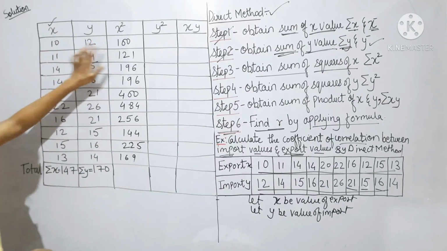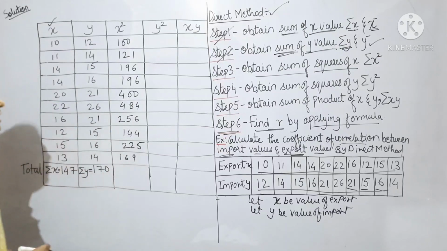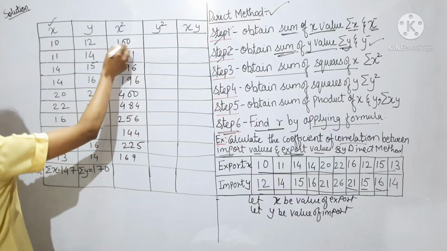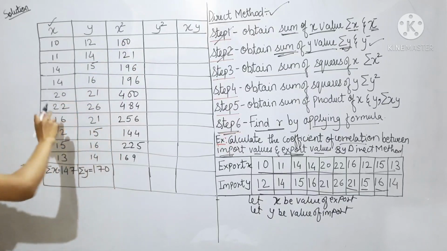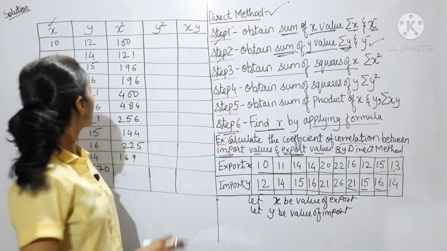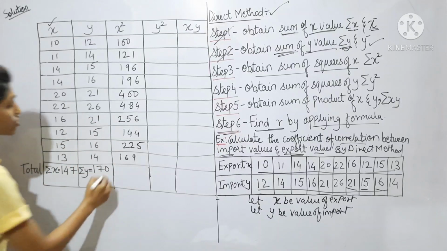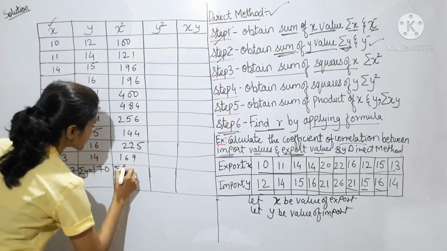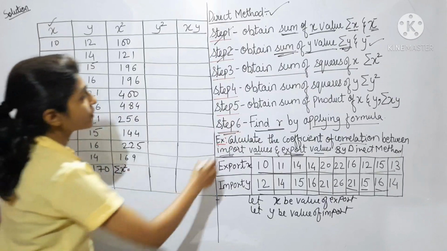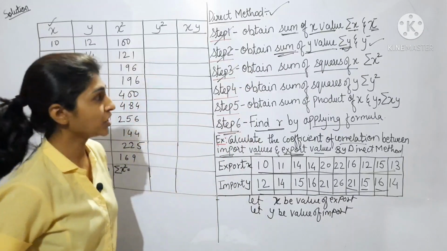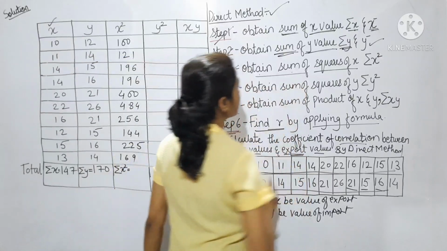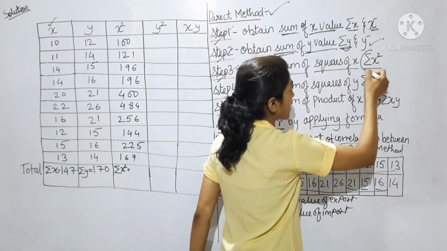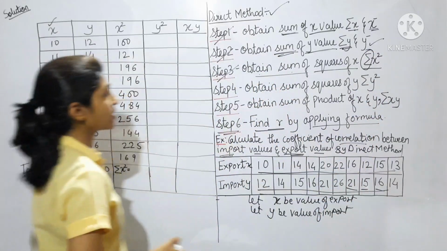Okay, so I have got all the square values of x, and I have written them under the heading x square: 10 square is 100, 11 square is 121, and so on. Now add all the values of x square to get step number 3. Obtain the sum, meaning the total of x square. This sigma means total, summation.